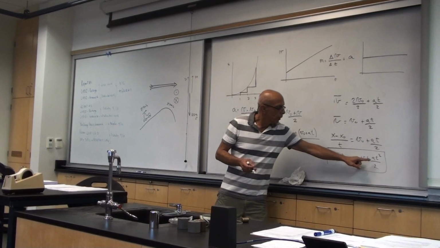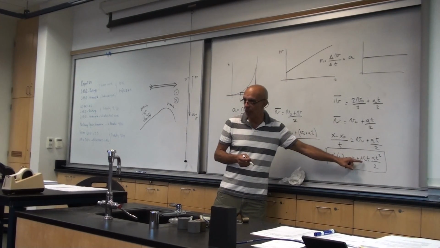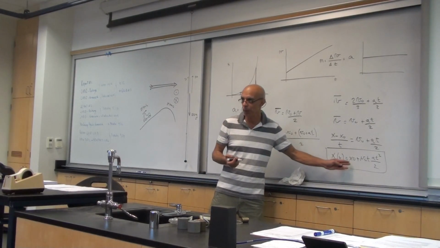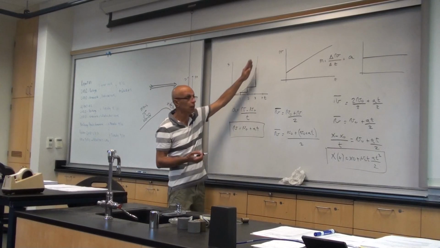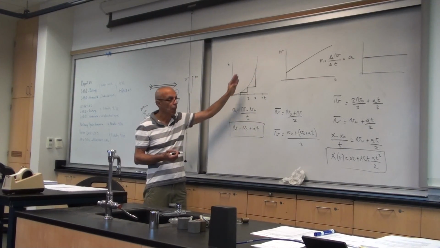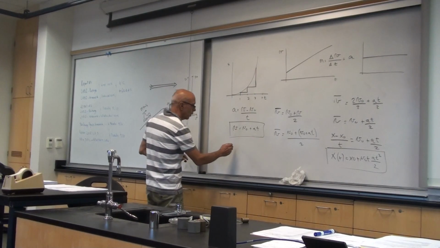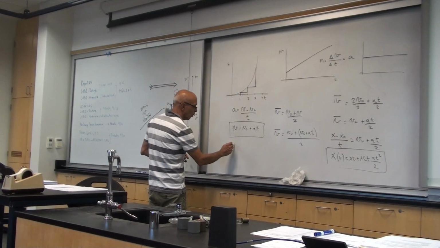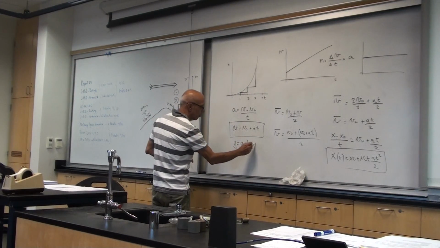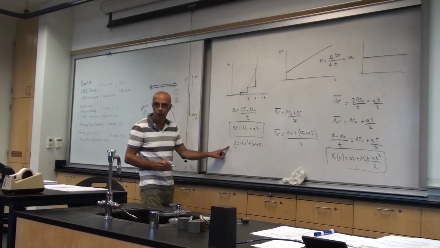So now, if I want to solve it for T, I need to know how to solve quadratic equations, right? Because this is going to be a quadratic equation. Remember, this here is a parabola. You guys need to remember that y equals ax squared plus bx plus c.